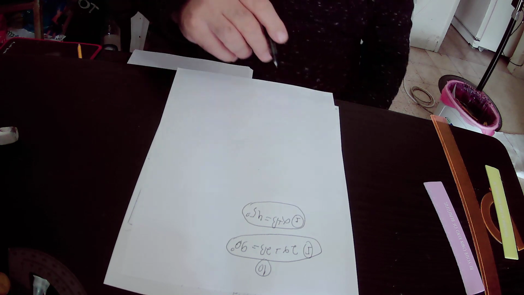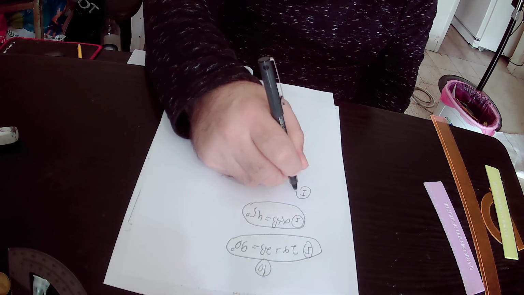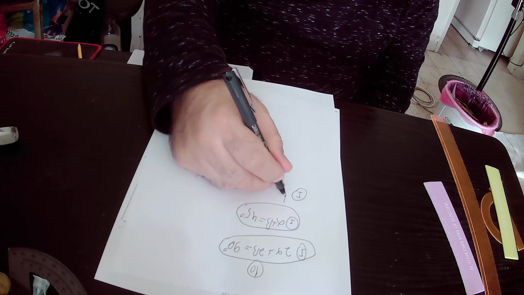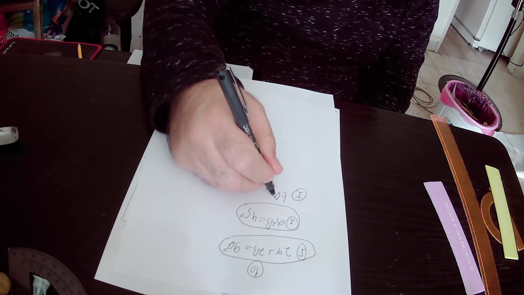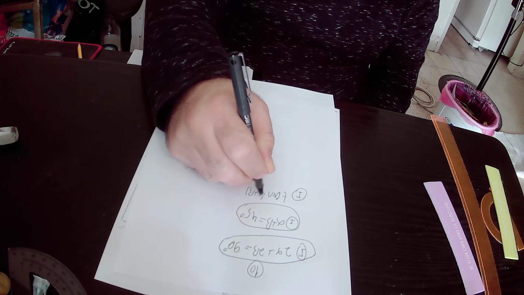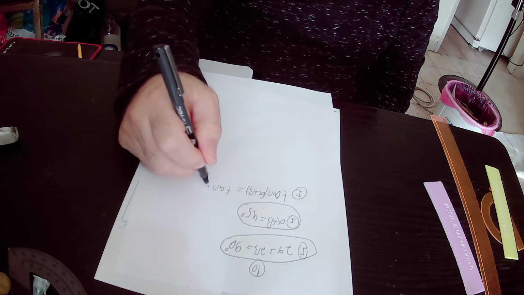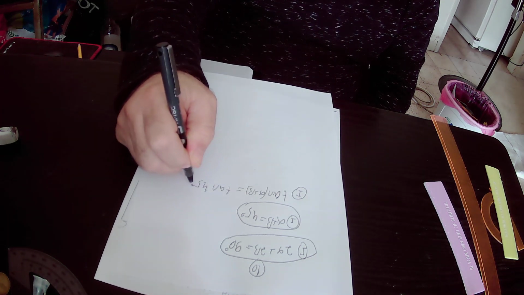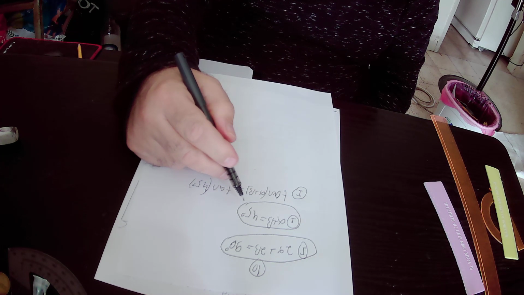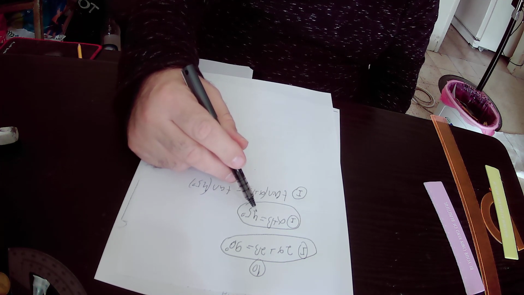If alpha plus beta equals 45 degrees, then tangent of alpha plus beta will be equal to tangent of 45 degrees.